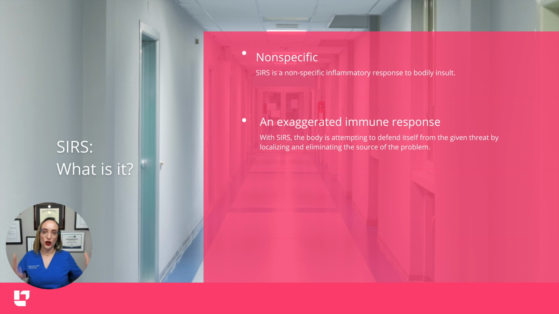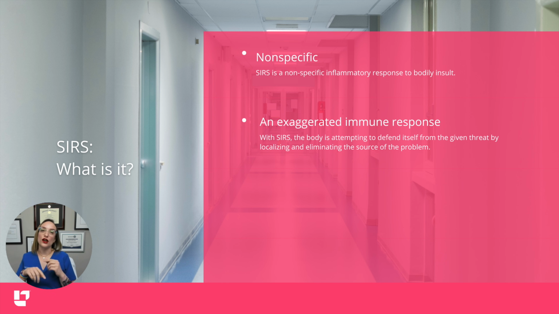So in SIRS, what the body is attempting to do is to defend itself from whatever the threat might be by localizing and then eliminating the source of the problem. The situation, though, is that it's going above and beyond the normal healthy immune response that we would expect.